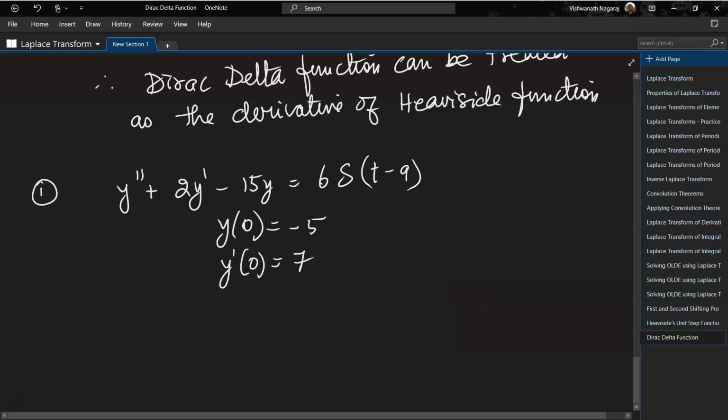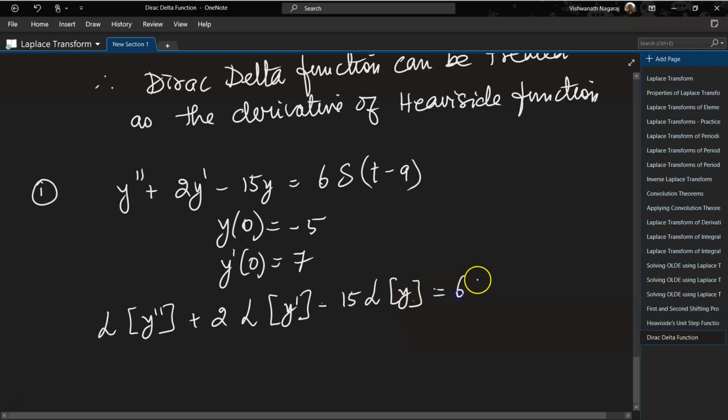Okay, straightforward. We take the Laplace transform on both sides: Laplace of y double prime plus 2 times Laplace of y prime minus 15 times Laplace of y is equal to 6 times Laplace of delta of t minus 9.